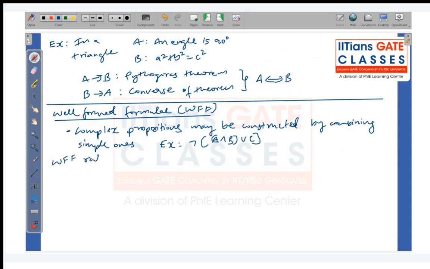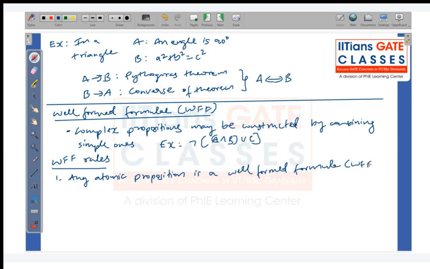Rules for well-formed formulae. The first rule: any atomic proposition is a well-formed formula, WF.